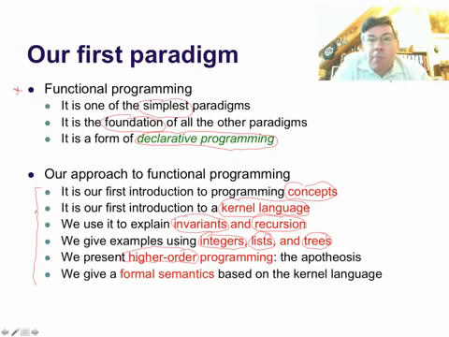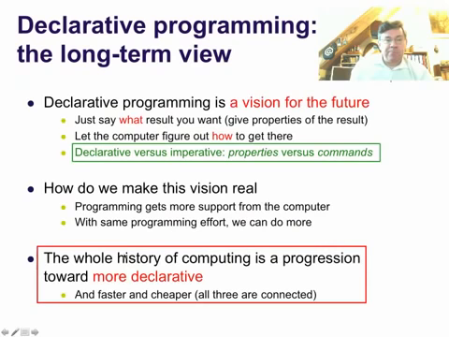For example, data abstraction and object-oriented programming is implicitly based on higher order programming. And finally, we will give a formal mathematical semantics for our first programming language for the functional paradigm.